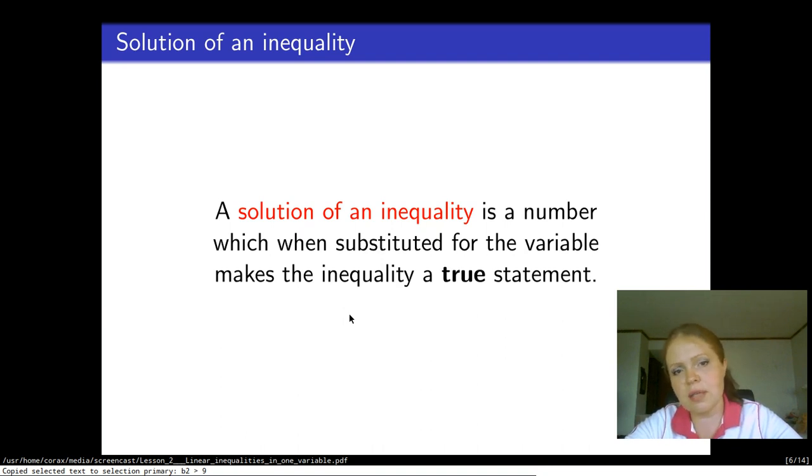Let's consider what that means. Solution means to find the value of the variable. What number is the variable? The variable cannot be just any number. Only a number, or normally for inequalities, a set of numbers. And these numbers make the inequality a true statement.